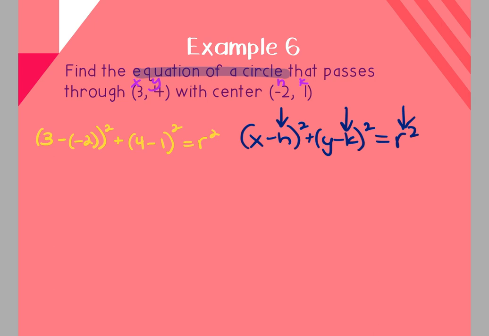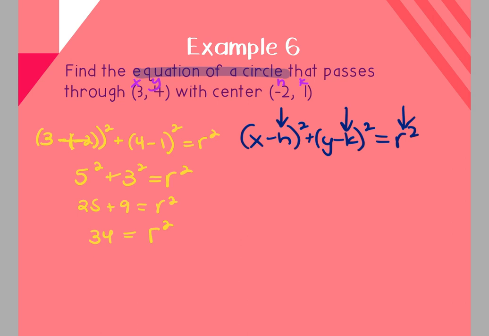I'm finding the distance from the center to the point on the circle, which would be the length of the radius. Minus a negative becomes positive, and I get 5 squared plus 3 squared equals r squared. 25 plus 9 equals r squared. So r squared is 34. Okay, so that is your r squared.